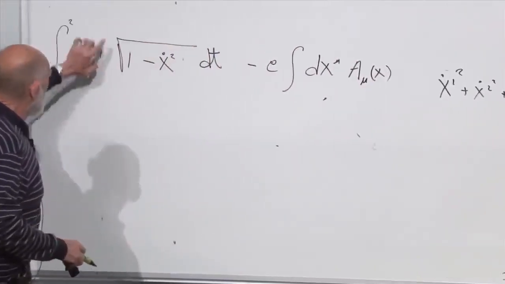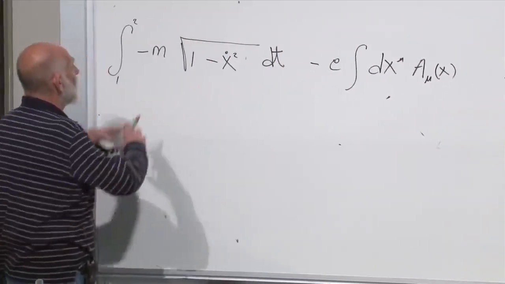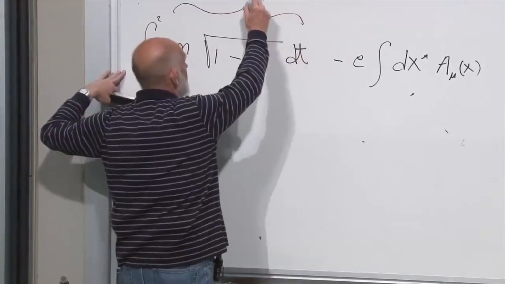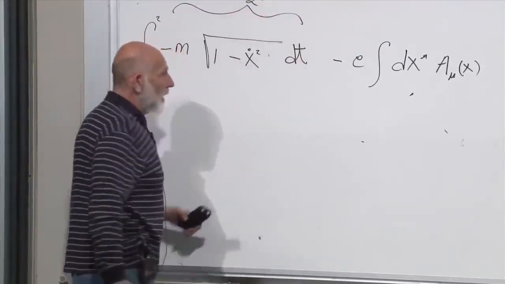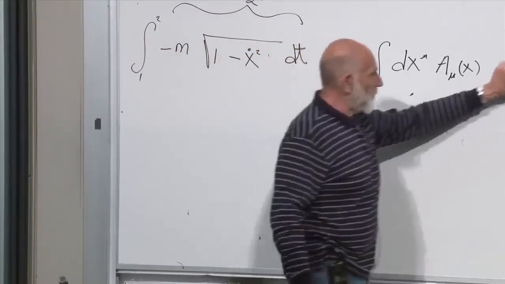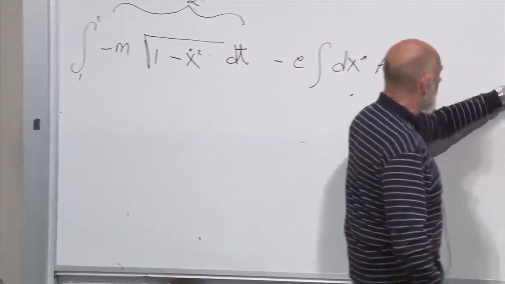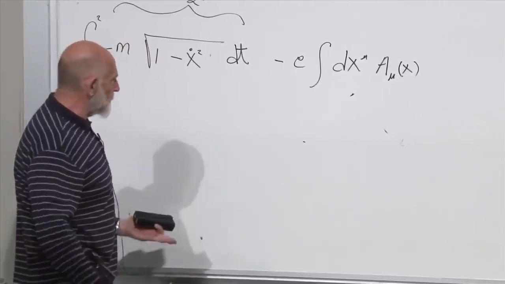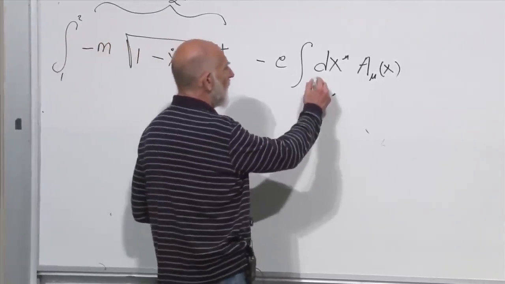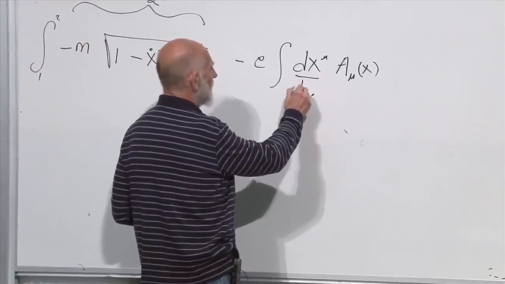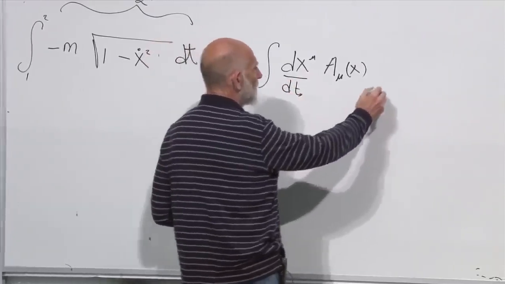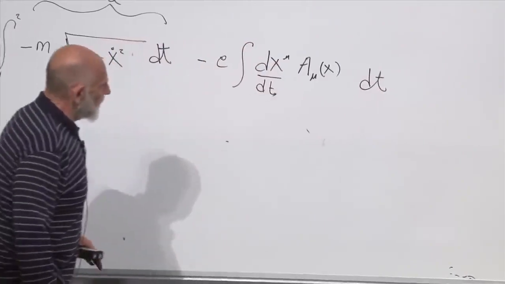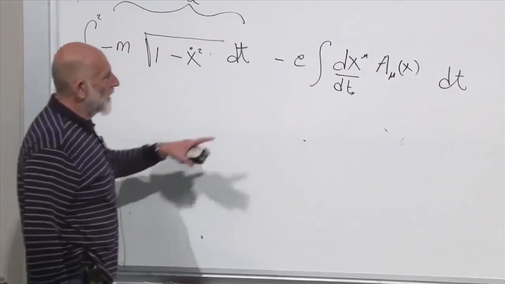This quantity in here would be the Lagrangian. So this would be the Lagrangian for the free particle. But there's another contribution to the action over here. So let's write this in a form which would make it look like a Lagrangian. This is very easy. We just divide by dt and multiply by dt. All right, so let's see what we have here.